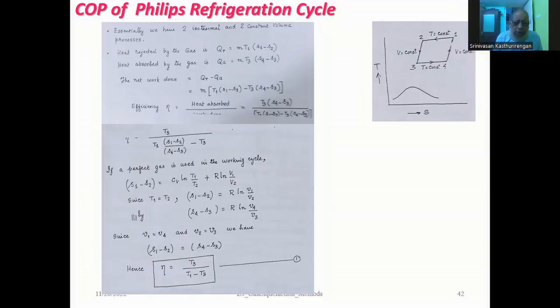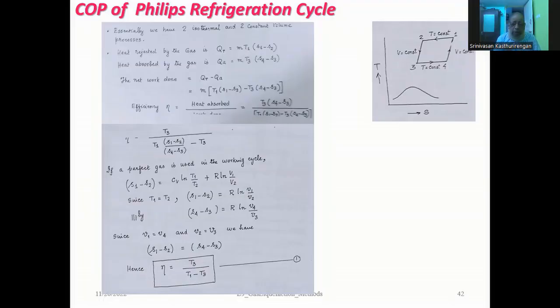So heat absorbed is T3 into (S4 minus S3) divided by [T1 into (S1 minus S2) minus T3 into (S4 minus S3)]. So you can write COP is equal to T3 divided by [T1 into (S1 minus S2) divided by (S4 minus S3) minus T3].